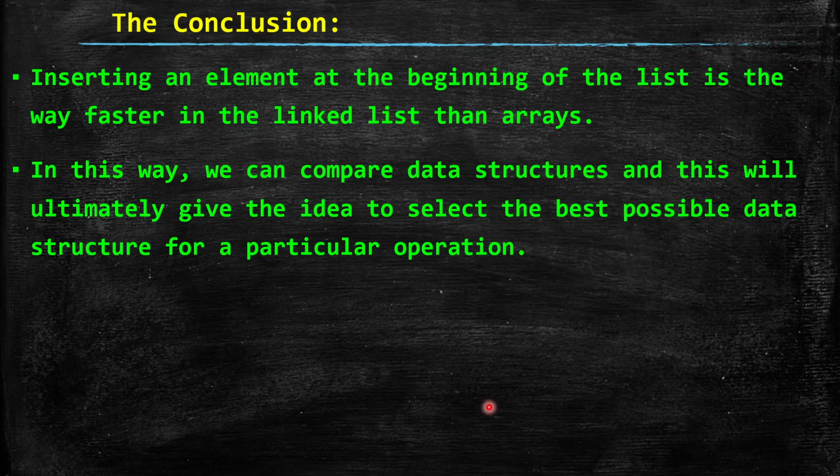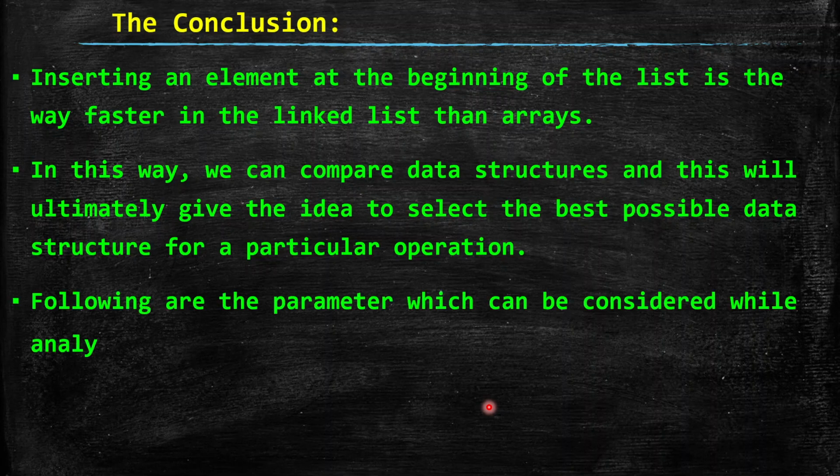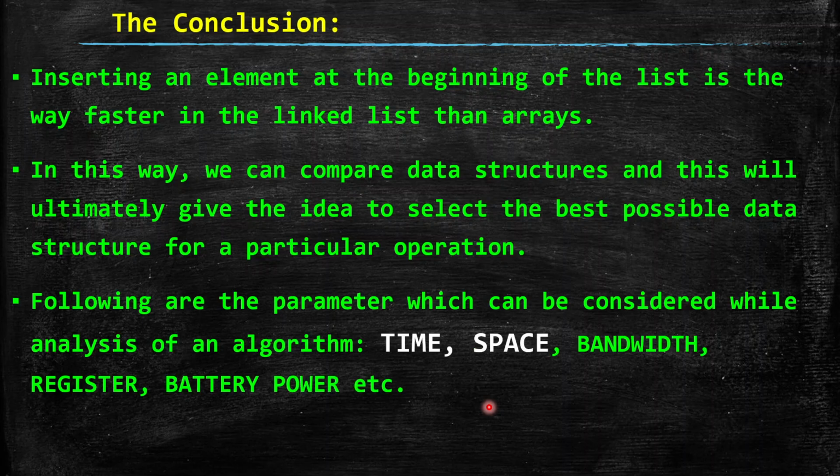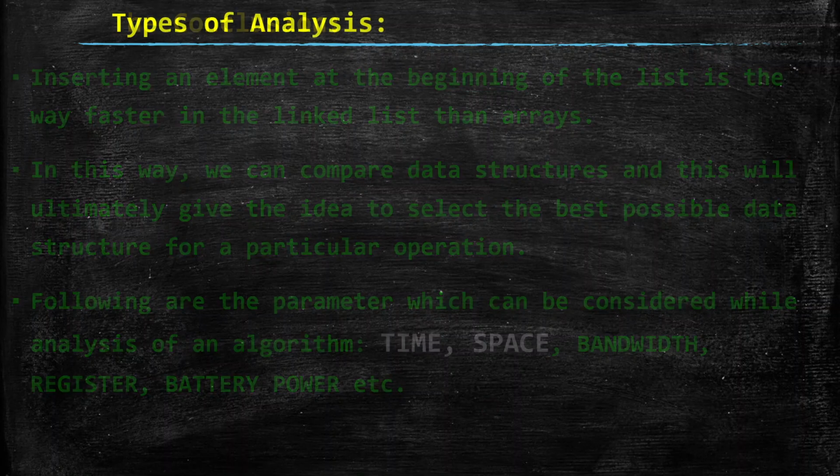In this way we can compare the structures, and this will ultimately give the idea to select the best possible structure or algorithm for different operations. Following are the parameters which can be considered while analyzing algorithms: time and space basically, and some more like network bandwidth, registers, and battery power.